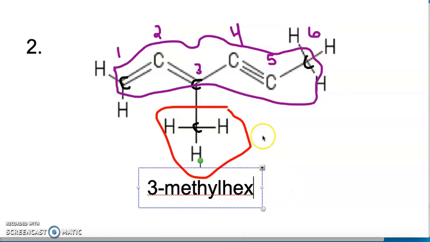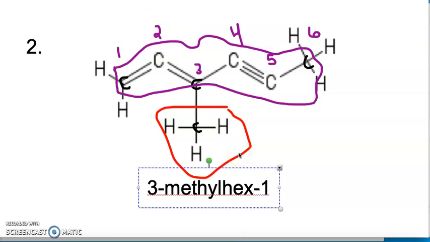Now we need to get to our suffix. So we have 2 double bonds and a triple bond. They all need to go into that ending. Alphabetically, these are enes, and this is an ine. So we're going to put the enes first. We have 2 of them, so it's going to be a diene. It's between carbon 1 and 2, so we're going to say it's a 1. And then the next one is between 2 and 3, so we're going to give it a 2.